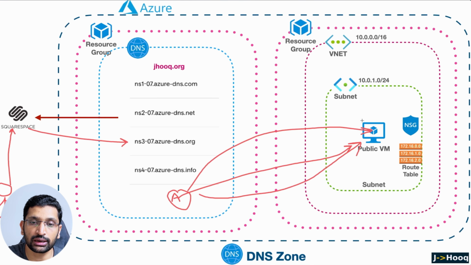Instead of directly reaching out to the public VM, you can have a load balancer in front, and that load balancer can redirect the request to multiple virtual machines as well. Those are the applications you can implement through this concept. So let's simplify this and stick with the virtual machine, and later in the chapters we are going to focus more on the load balancer and some more complex topics which we can cover through our DNS zones.